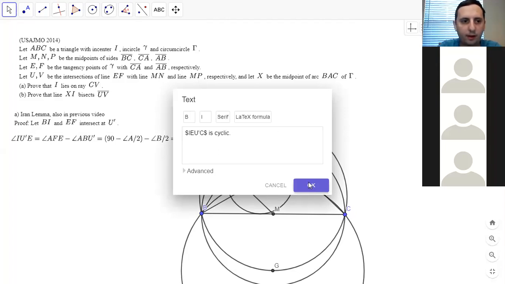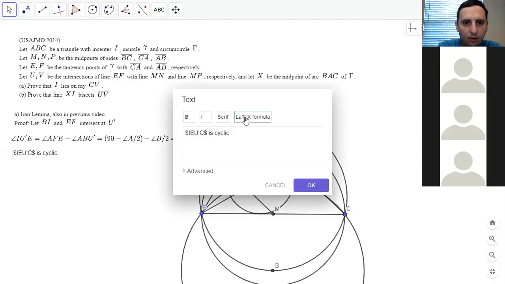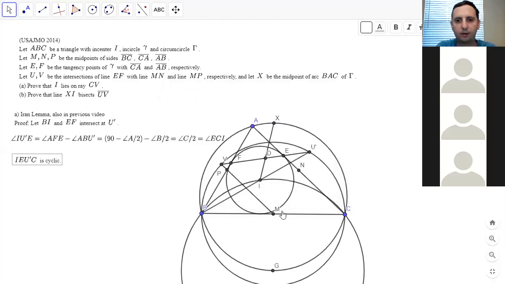Then once we know that, we can try to show U prime, M and N are collinear.